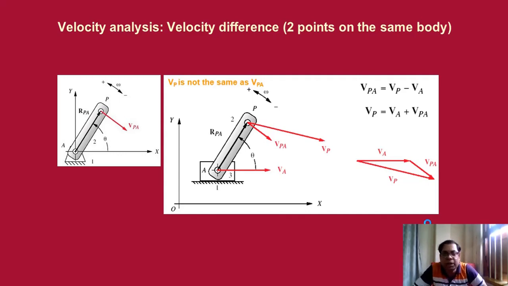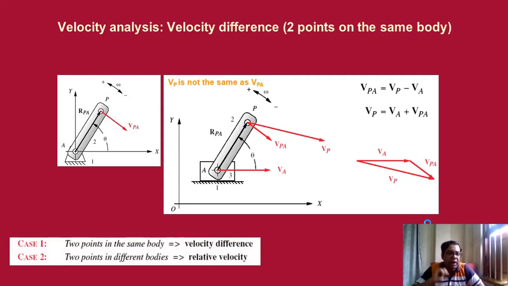Now, at any arbitrary point, when PA makes angle theta with the horizontal, we have to find out two cases. Case 1, 2 points in the same body, which is the velocity difference, and case 2, 2 points in different bodies, which is called relative velocity.